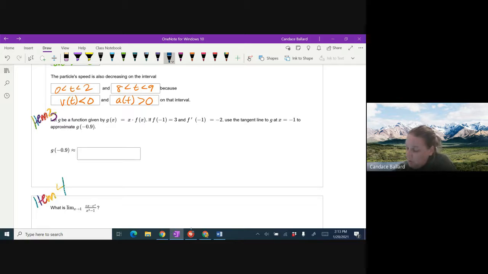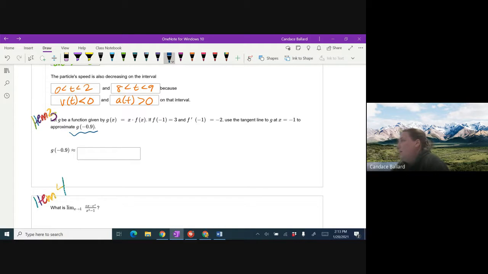We are supposed to use the tangent line to figure out G of 0.9. I'm just looking at what they give me here. So what are the 2 things we need to write the equation of the tangent line?